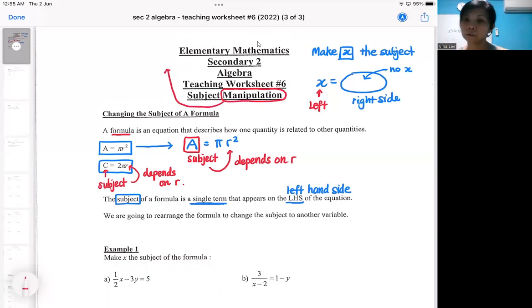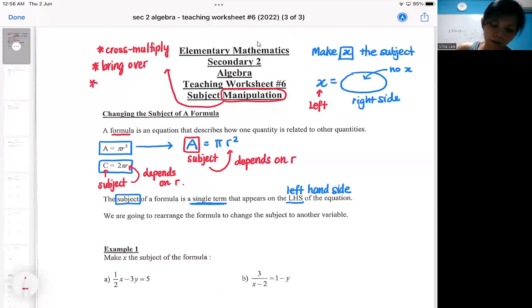I can list you a few basic techniques first. One of the most basic can be cross multiply. It can be as simple as just bring over, or as simple as divide over, or it can be a bit more difficult where it involves take out common factor.